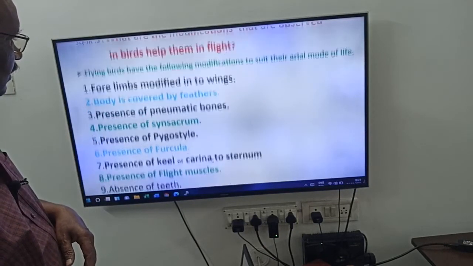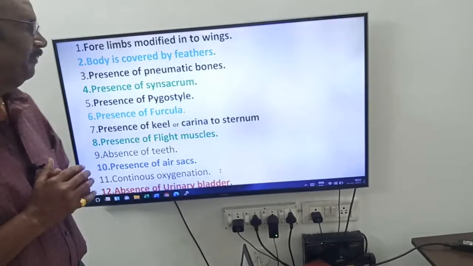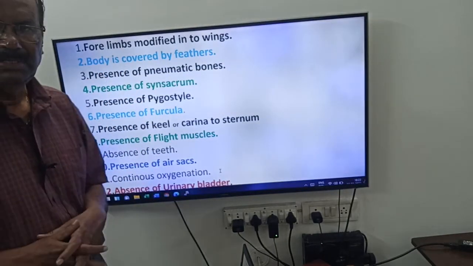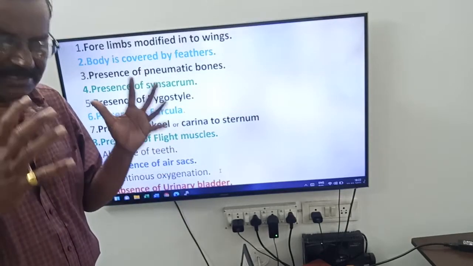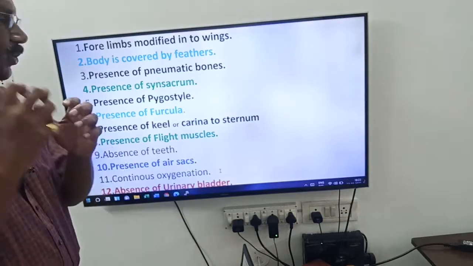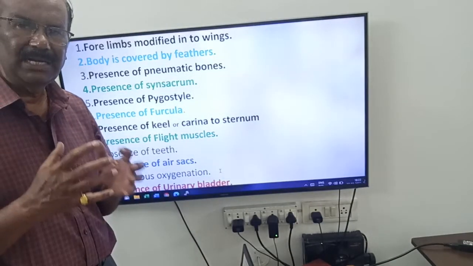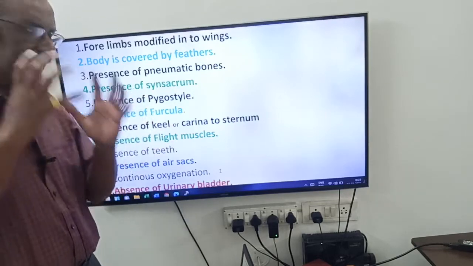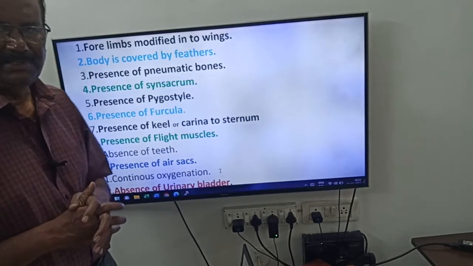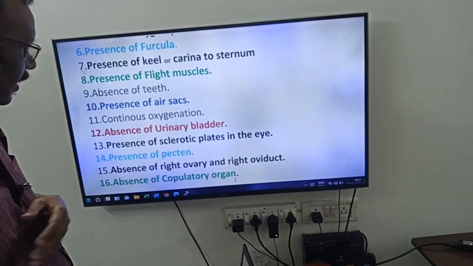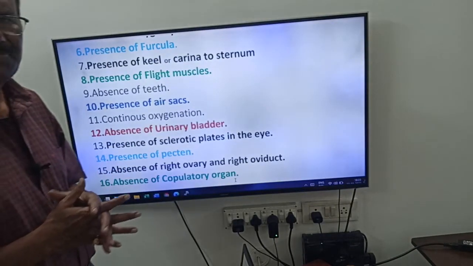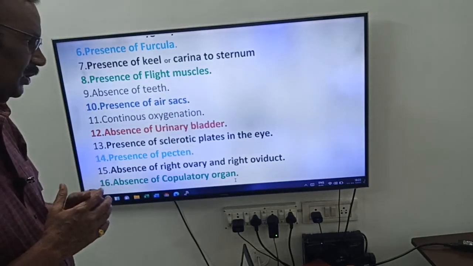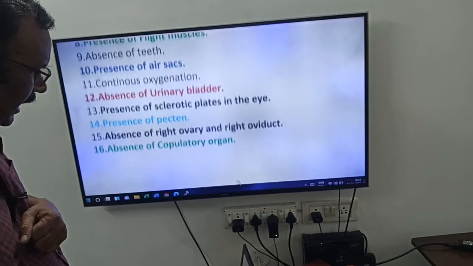Once again, friends, first you see 4 limbs modified into wings, body is covered by feathers, presence of pneumatic bones, presence of synsacrum, presence of pygostyle, presence of furcula, presence of keel or carina to sternum, presence of flight muscles, absence of teeth, presence of air sacs, continuous oxygen, absence of urinary bladder, presence of sclerotic plates in the eyes, presence of pecten in the eyes, absence of right ovary and right oviduct, and absence of copulatory organ.